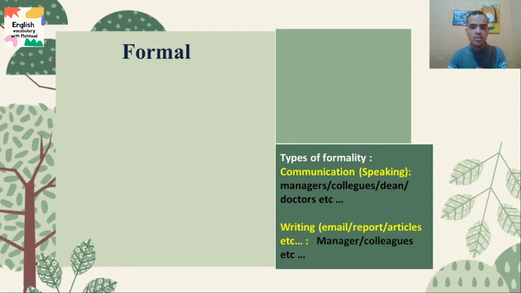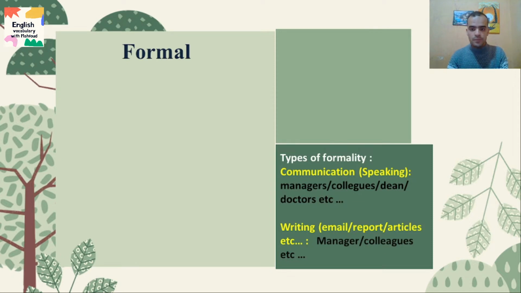Those people who work in these kinds of professions use only the formal language because they're working in a very formal and professional context. This is logical. And when it comes to their writing, their emails, reports, articles, etc., they use only the formal language.